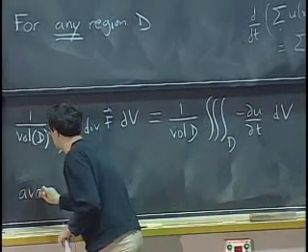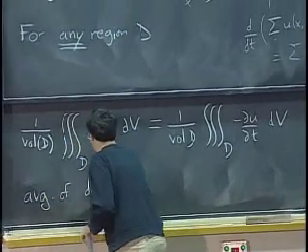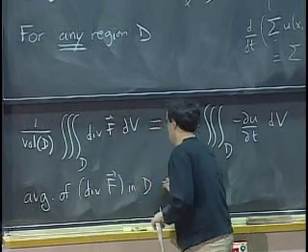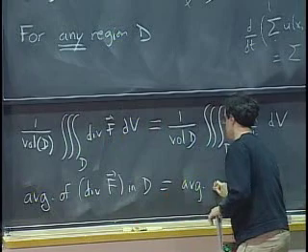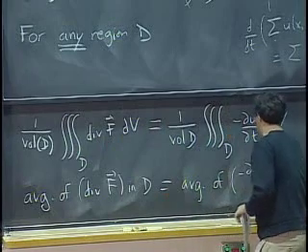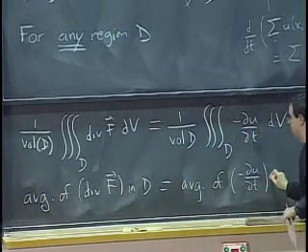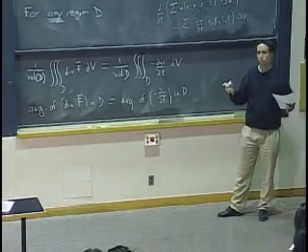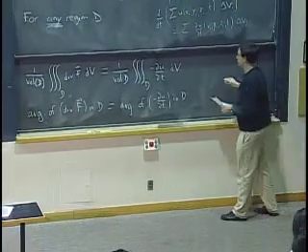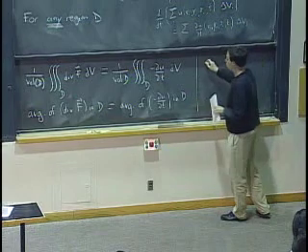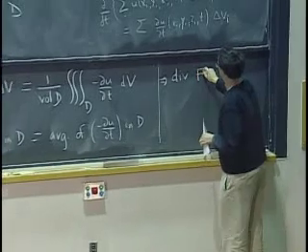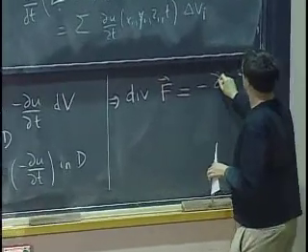The average of div f in D is equal to the average of minus partial u partial t in D. And that's true for any region D, not just for some regions, but for really any region I can think of. So the outcome is that actually the divergence of f is equal to minus du/dt.